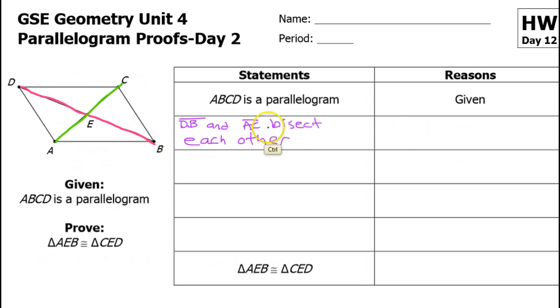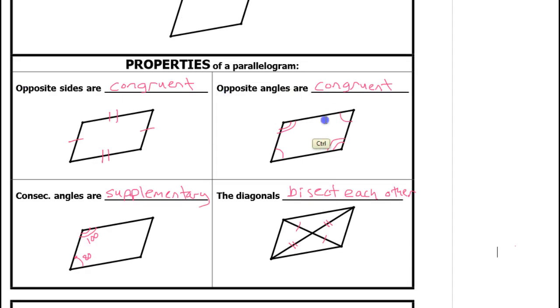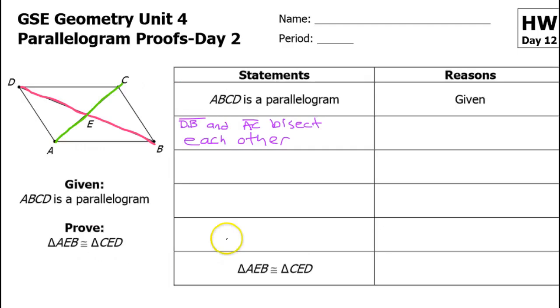Okay. Now, what do I put for the reason? When I'm using one of these properties, I pretty much just have to write out this entire statement. So I'm just going to say the diagonals of a parallelogram bisect each other. That will just be the reason.